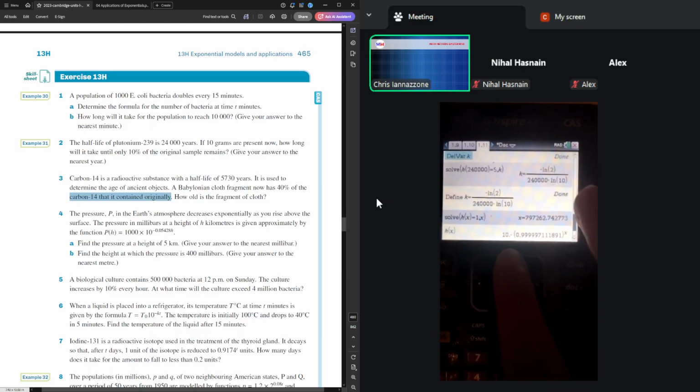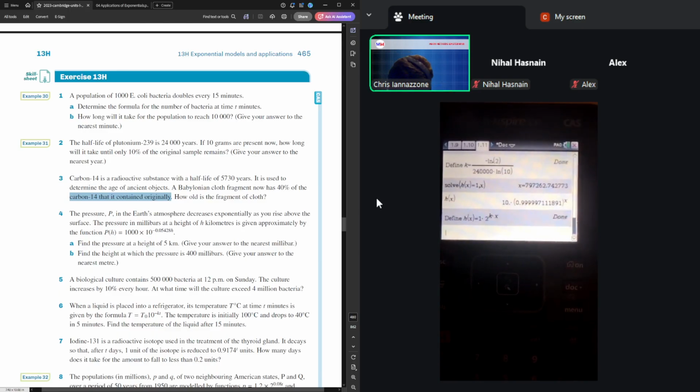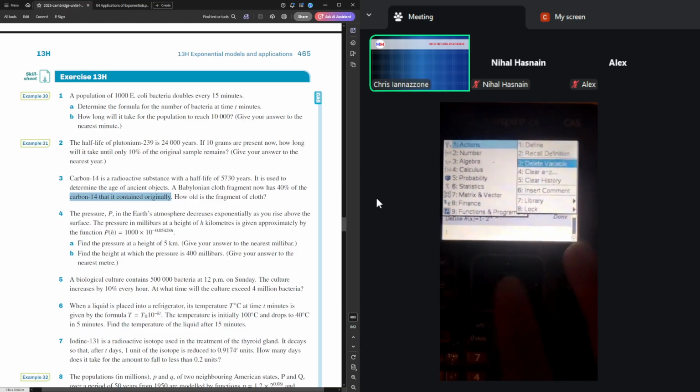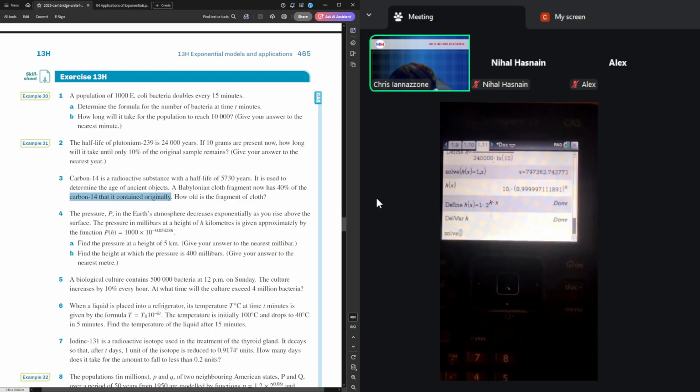Where am I going to start this? Let's grab that one. 2. I'm just going to set that as 1. Yeah, it's going to cancel that anyway. Just some coefficient. We'll kill the K. And then we have 0.5 is going to be equal to h of 5730, comma K. And there it is.